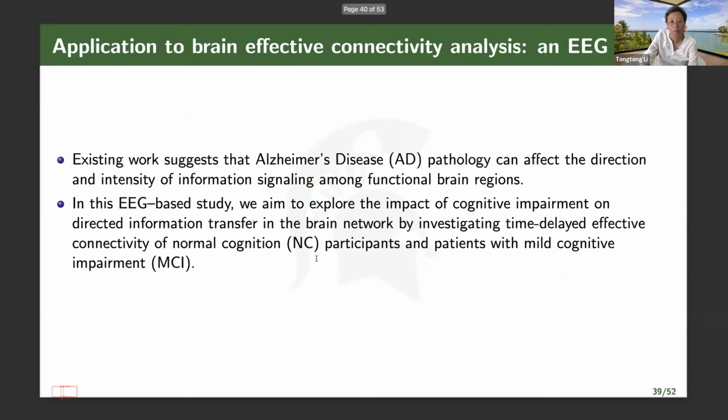And then we consider an EEG study. We apply this CCM to the EEG data, and we try to see whether we can develop any biomarkers by identifying the difference in effective connectivity between normal cognition and MCI.